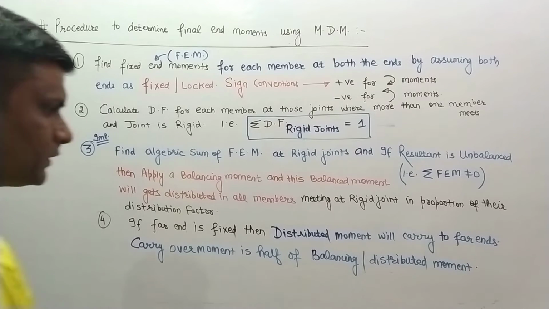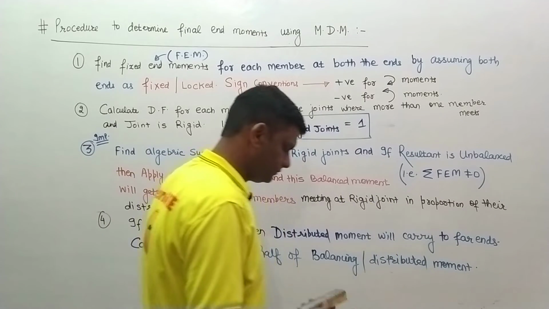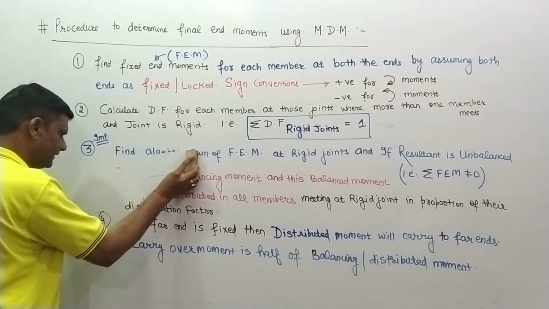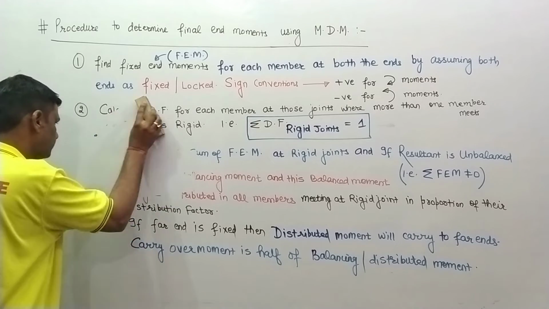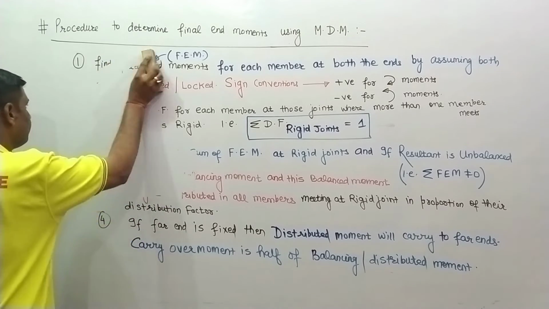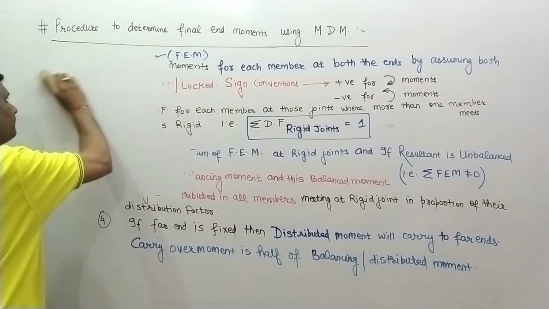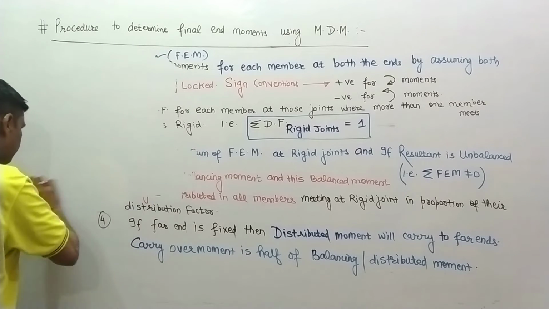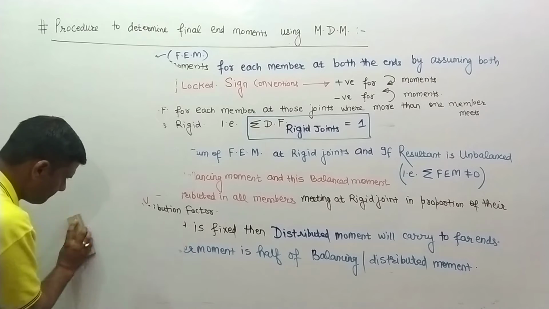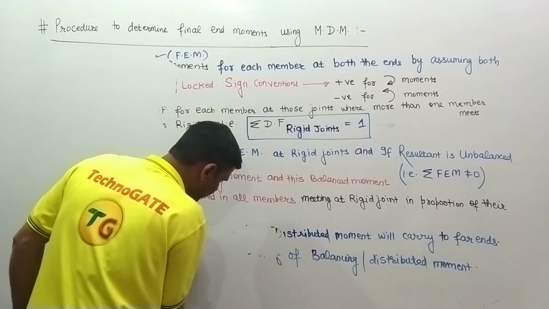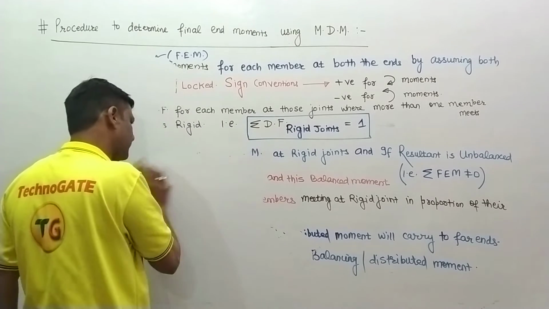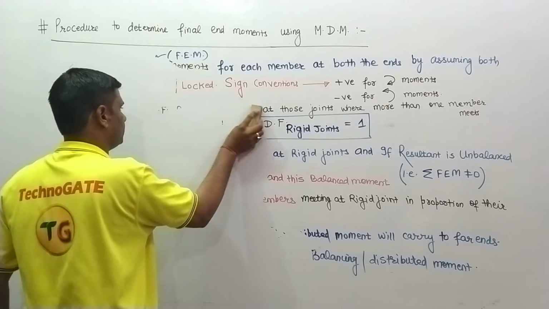Okay. So for multi-span cases, 3 to 5 steps of repetition. Don't worry, I'm writing, just wait.